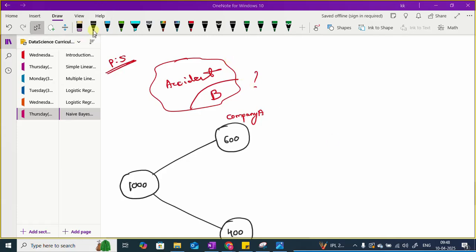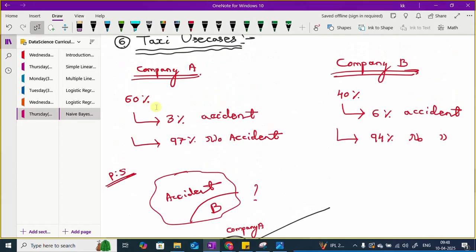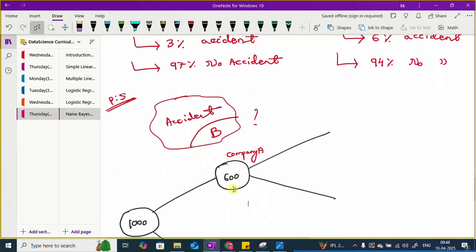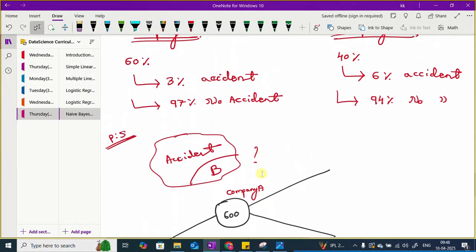I'll go to the next step. It's telling that 3% face an accident. 3% of what? 3% of the 600 face an accident. Now tell me, 3% of 600 means how much? Can I write 18? 18 taxis face an accident.